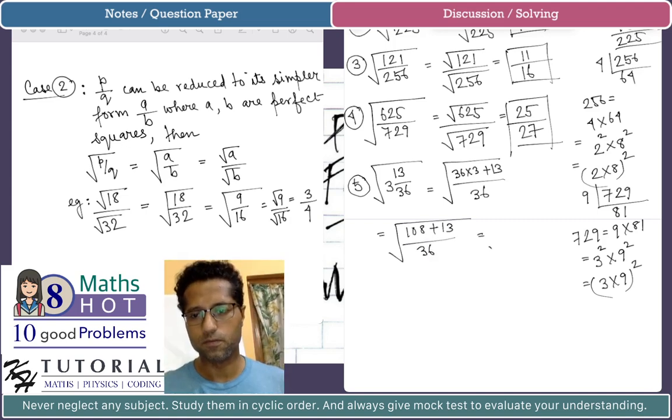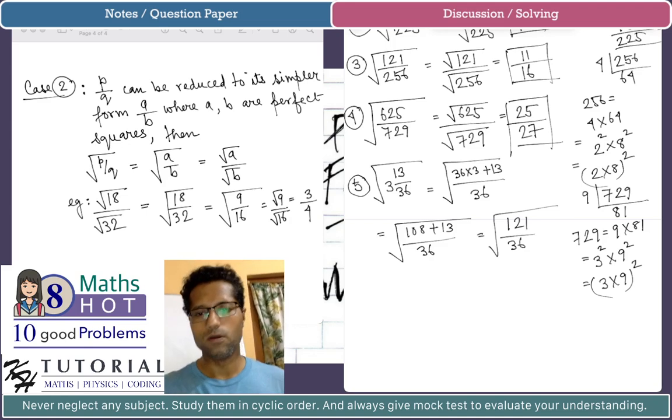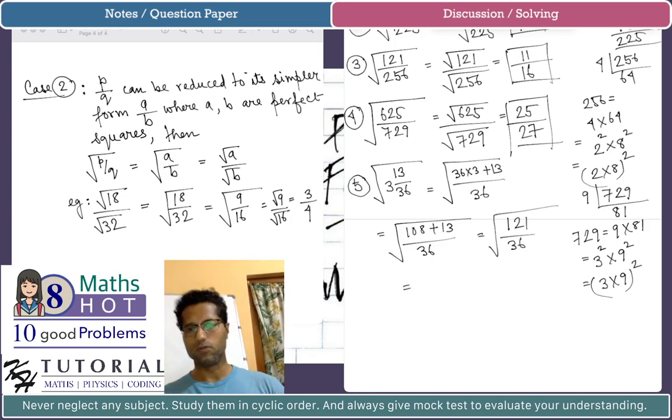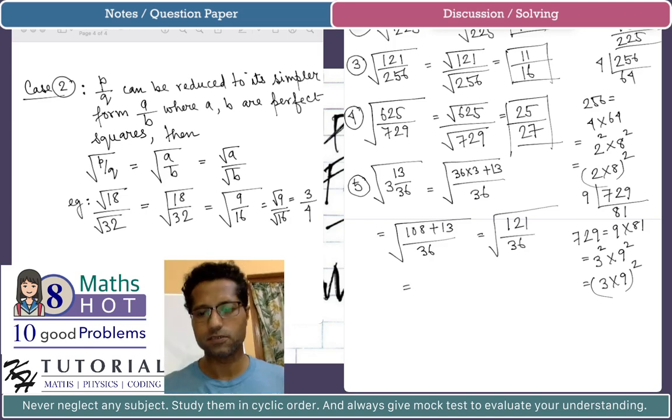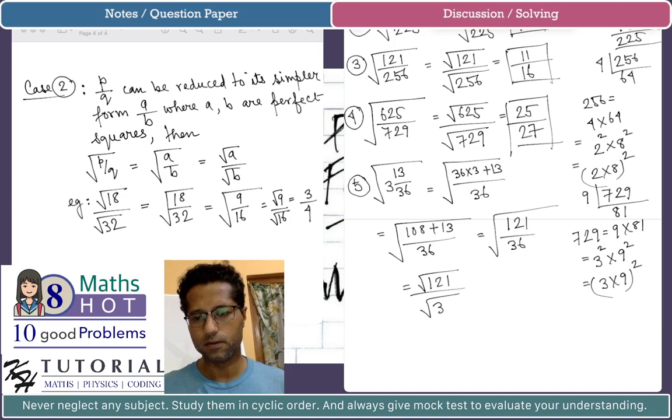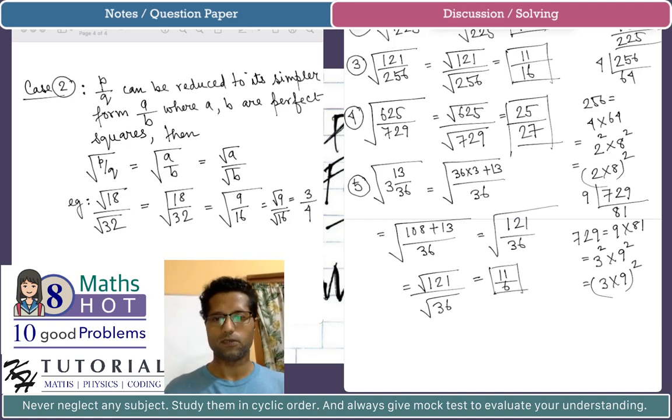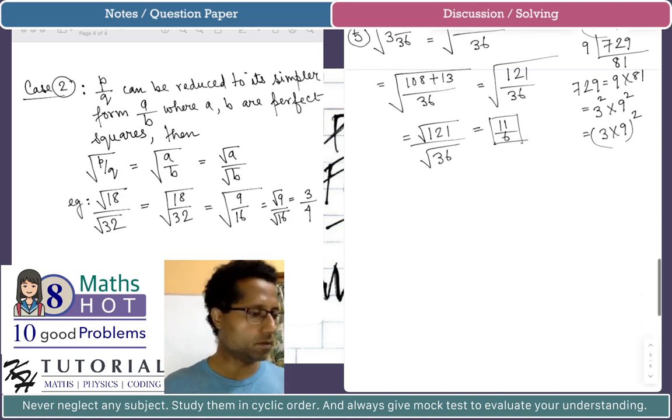This is equal to 121 divided by 36, and we know that both the numerator and the denominator are perfect squares. So this will be equal to square root of the numerator divided by square root of the denominator, and this is equal to 11 by 6. 11 by 6. Let's do problem number 6.